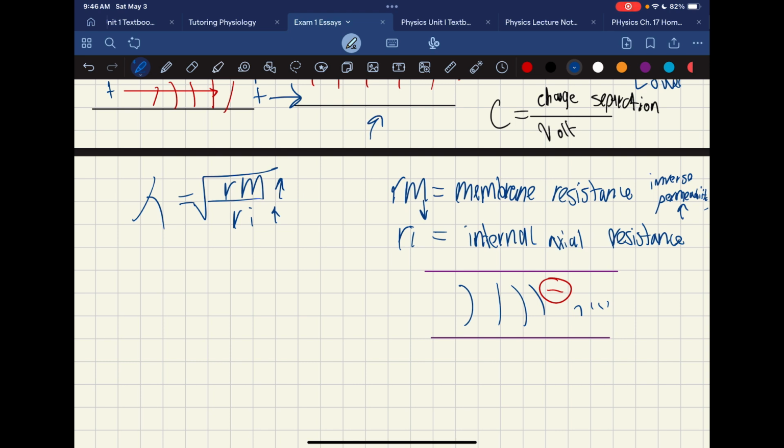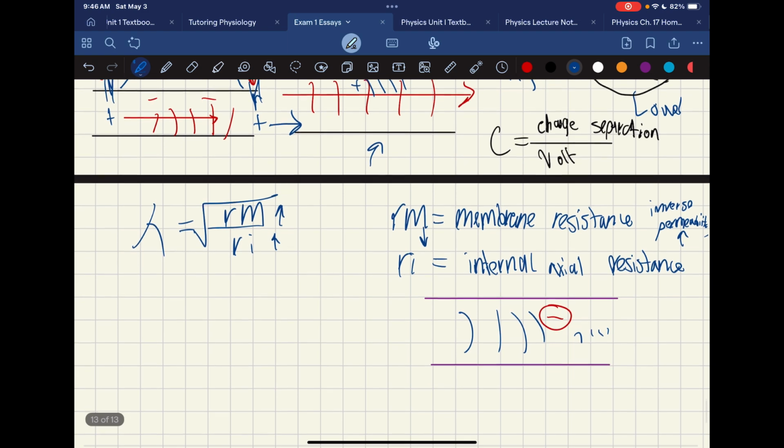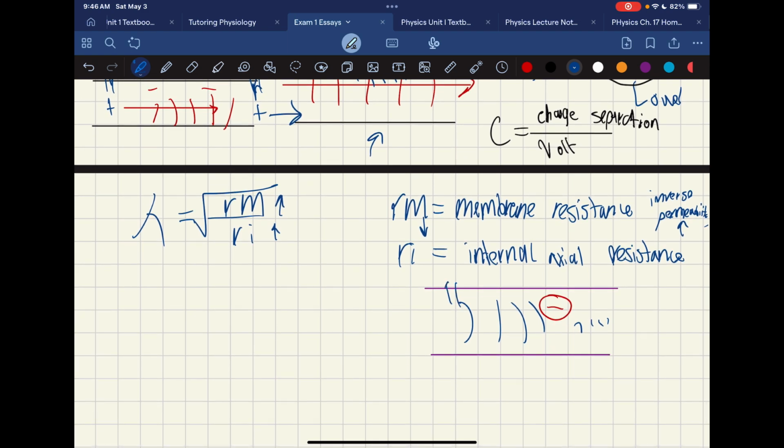So back to the myelin, myelin increases the membrane resistance because it takes away that permeability and those pores that we had talked about before, right? The myelin is able to cover those up, and it reduces that.